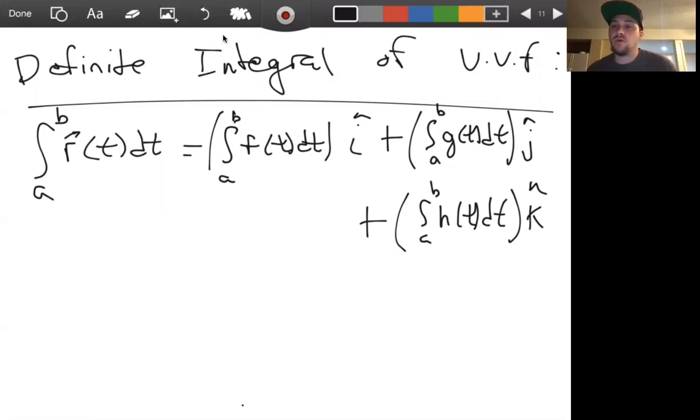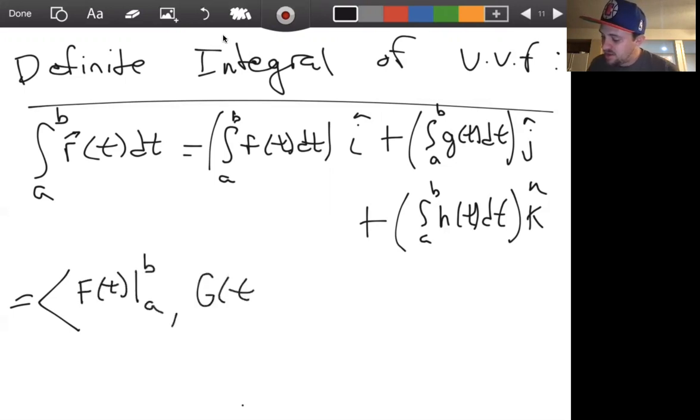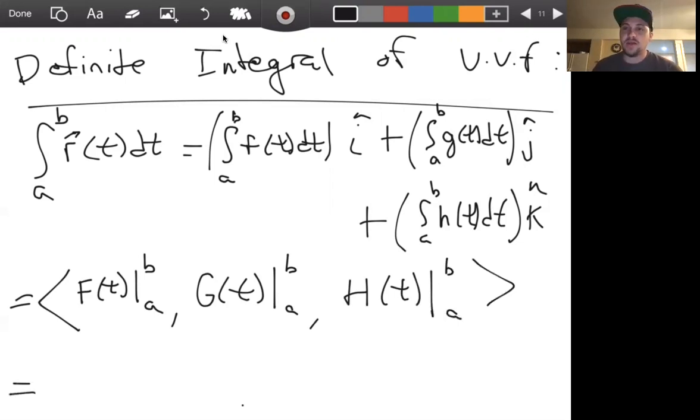And definite integrals have no constant of integration, right? That vanishes when you look at a definite integral. And so, by the fundamental theorem of calculus, you could write this one step further and say, okay, well then this is, let's write it in vector component form: capital F of t evaluated at b and a, capital G of t evaluated at b and a, and capital H of t evaluated at b and a, where again, capital F, G, and H are the respective antiderivatives of f, g, and h, right?